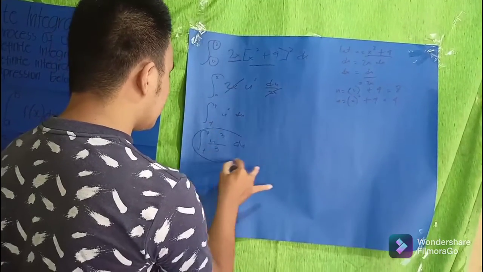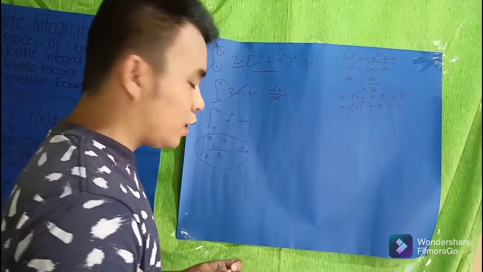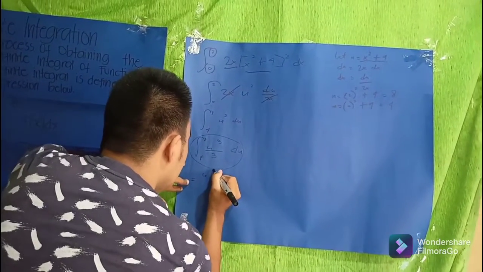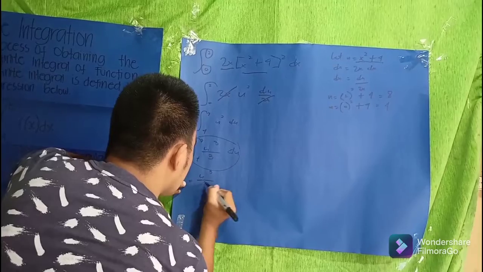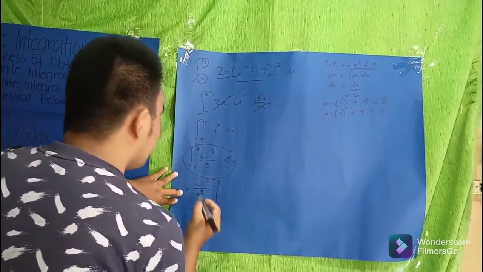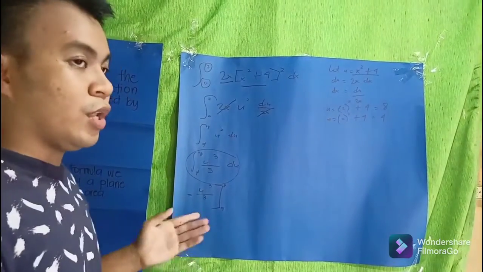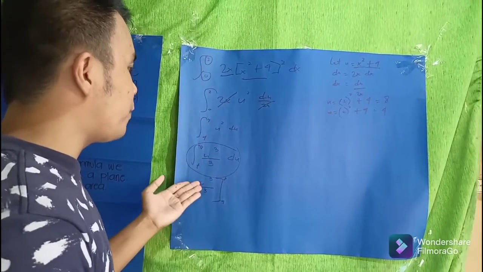Now we have that. We'll just rewrite it as equal to u cubed over 3. Put up the bracket and then from 4 to 8, because 4 is our lower limit and 8 is our upper limit.